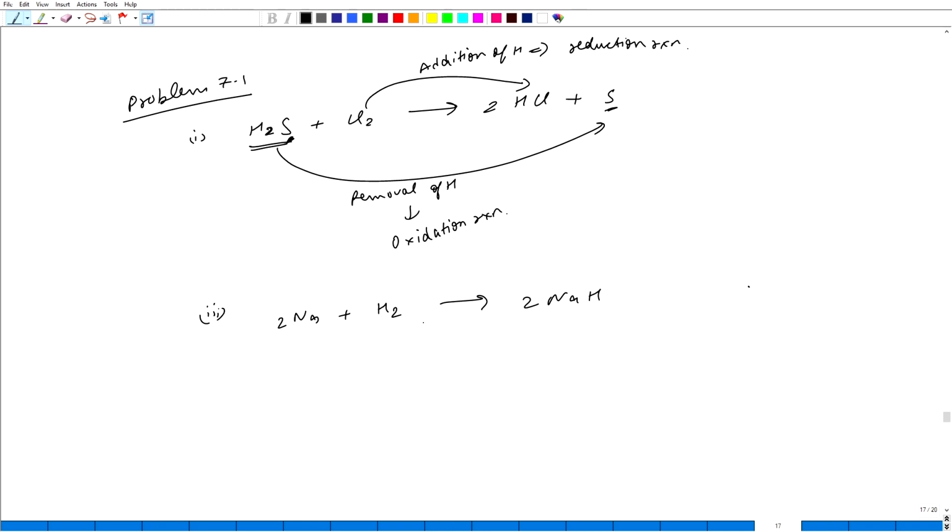What we see in this is that sodium is going from 0 to plus 1, we know it is Na plus and H minus. So this sodium is going from 0 to plus 1, that means oxidation. And hydrogen is going from 0 to minus 1, that is gain of electrons.